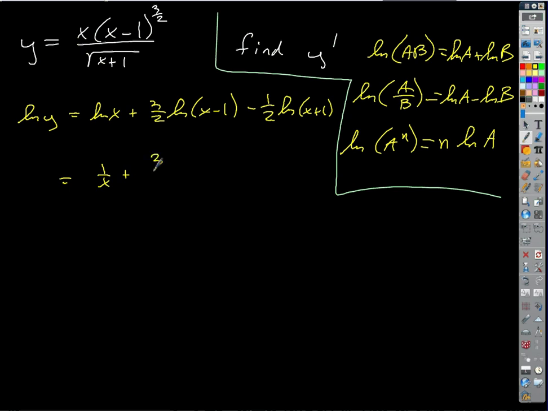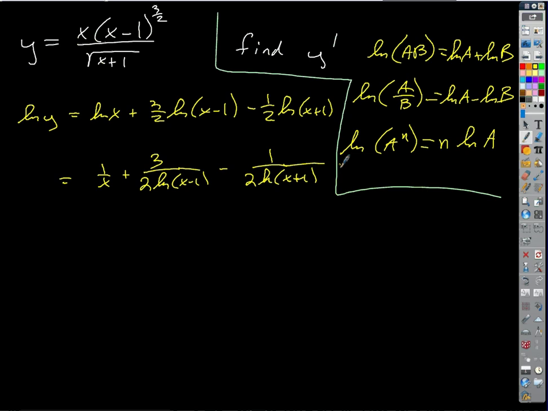So this is just going to give me 3 over 2 times 1 over x minus 1 when I multiply by 3/2. And then finally, how about this one? Derivative of log x plus 1? So I just get that, don't I? Everybody agree? Okay, good.